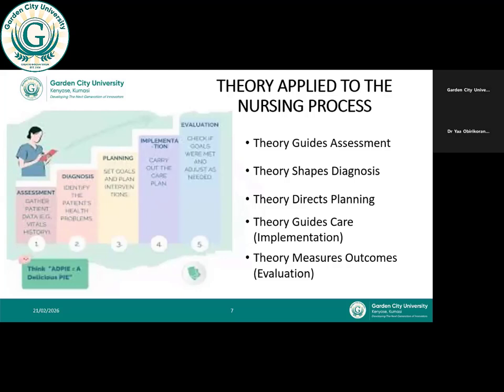Maybe grooming was a problem. If you are able to provide the care that the patient needs, grooming is going to improve, which will go a long way to also improve on patient satisfaction, will go a long way to also improve the patient's health outcomes. Okay, so you are going to use the theory to measure the outcome.